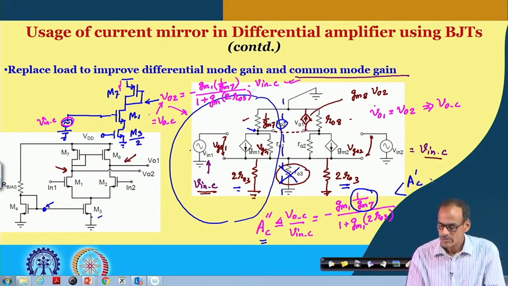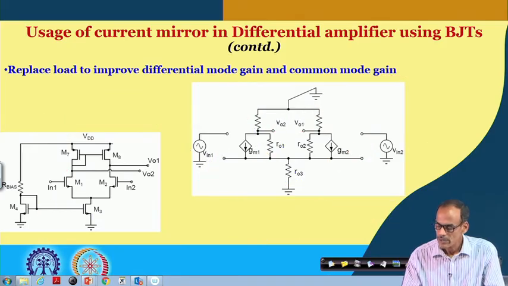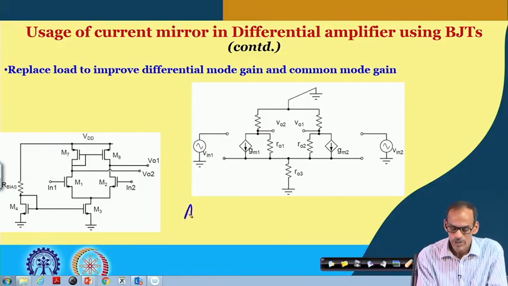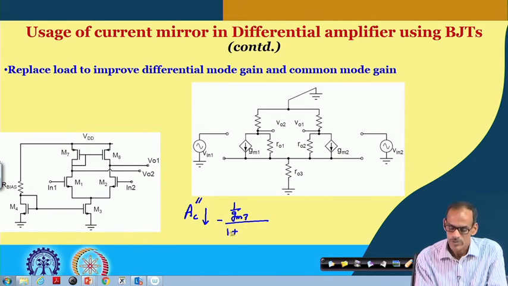So, to summarize what we can see, the advantage of having this current mirror in the load part is that the common mode gain got drastically decreased and it is equal to minus 1 by Gm7 divided by 1 plus, the 1 part we can remove, into 2 times RO3.